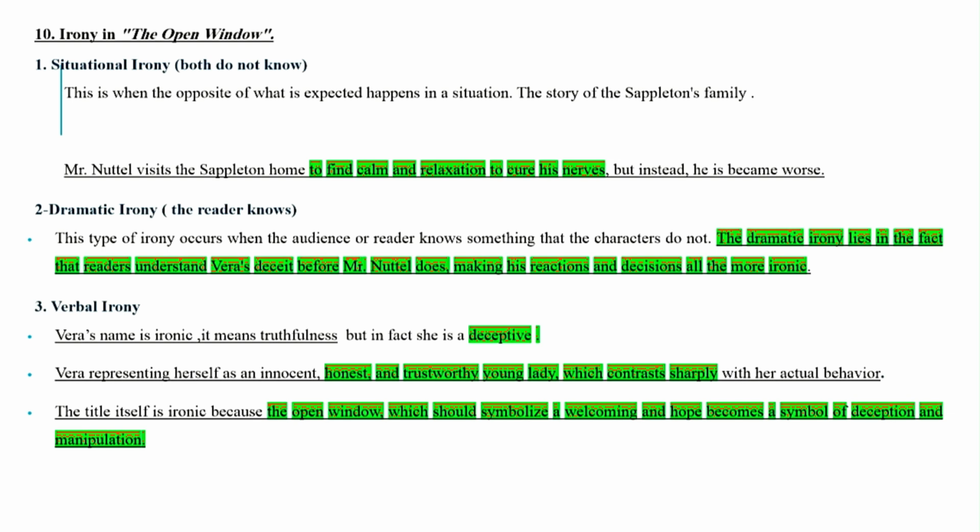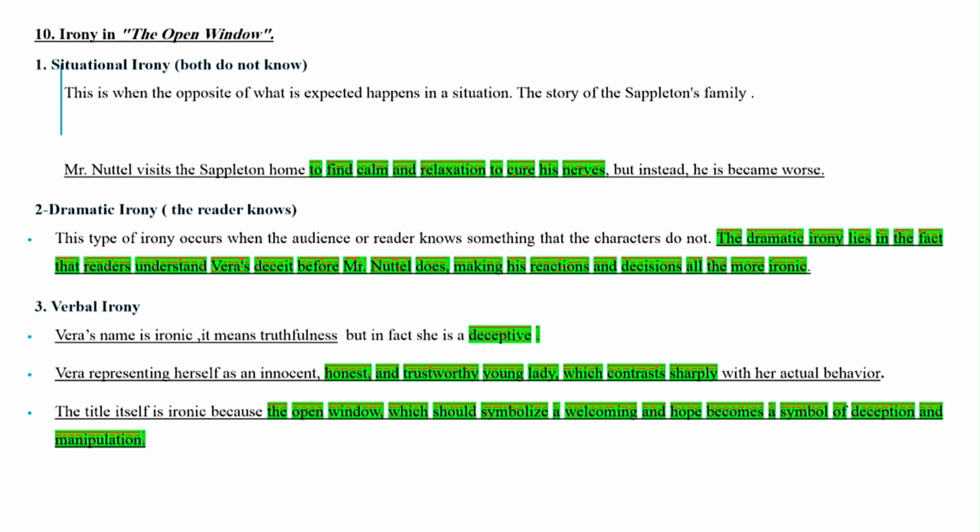The dramatic irony, number two. This type of irony occurs when the audience and the readers know something that the characters do not. Here the reader knows what is going to happen while the characters do not know.